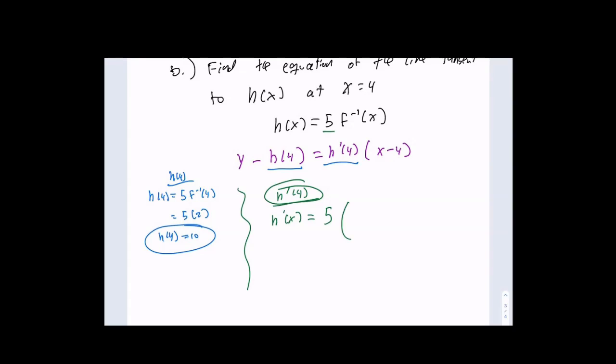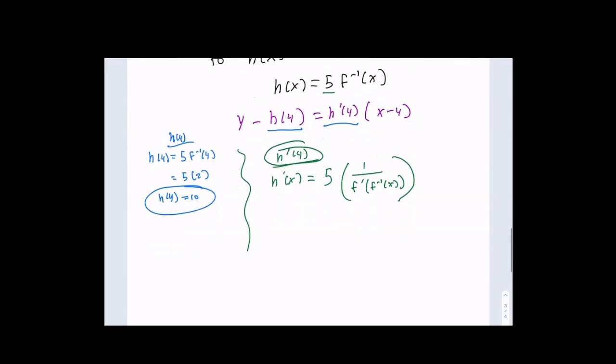What's the formula? You just got to regurgitate to me what I've written for you. Someone needs to speak out. What is the formula that I've shown to you today that you will have to reference over and over on tonight's homework? 1 over f prime of f inverse of x.